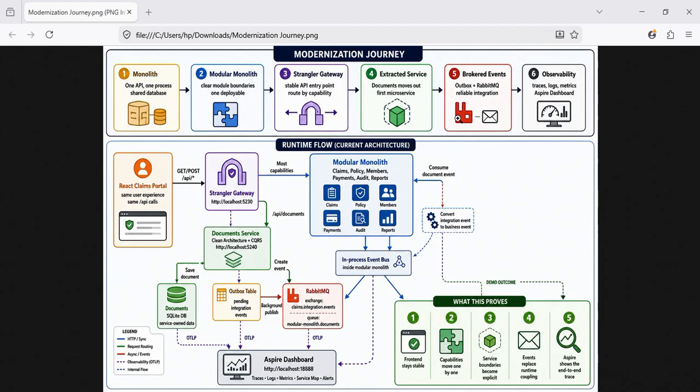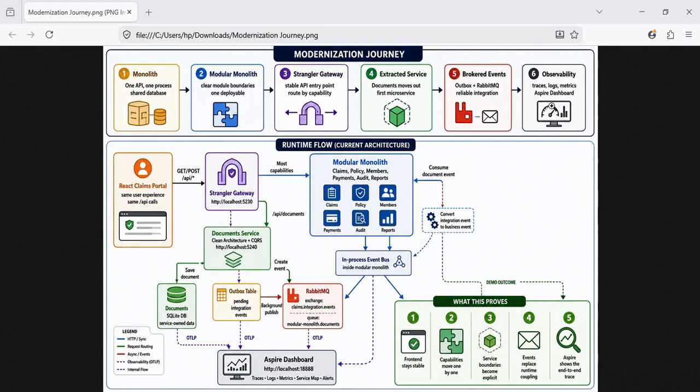You will see the integration event consumers, how events are created and published, how they get subscribed by different systems, and how those individual systems react to those processes. We are also going to have an in-process event bus inside the modular monolith, so that it can re-trigger the events in its own shape once it receives them from the document service. So this is the journey till brokered events.